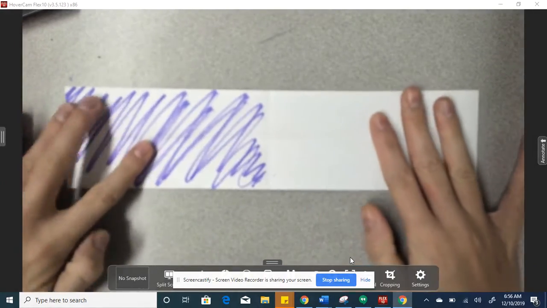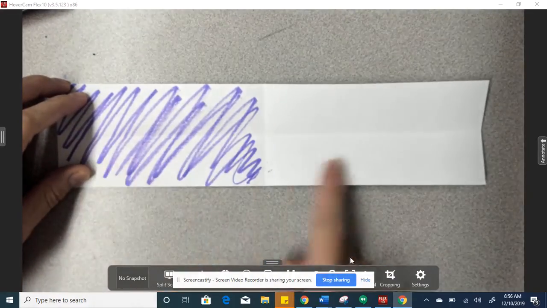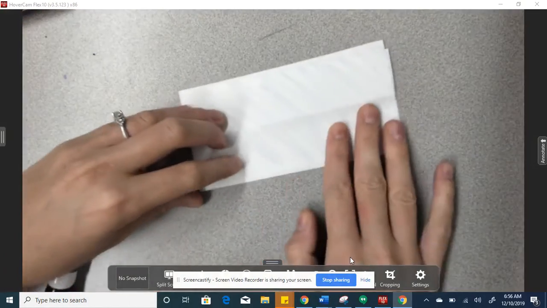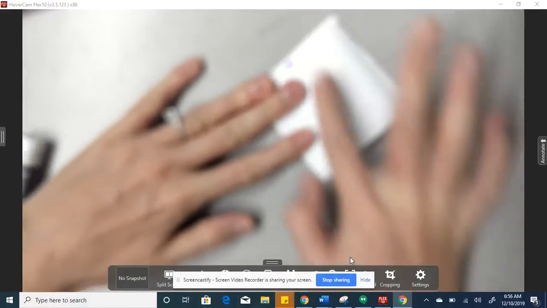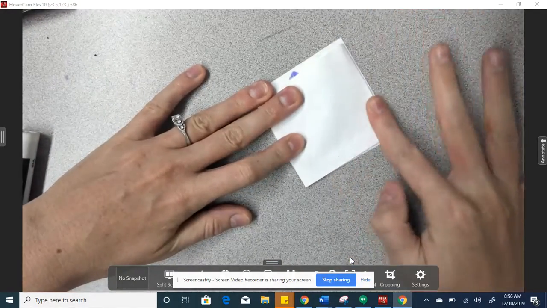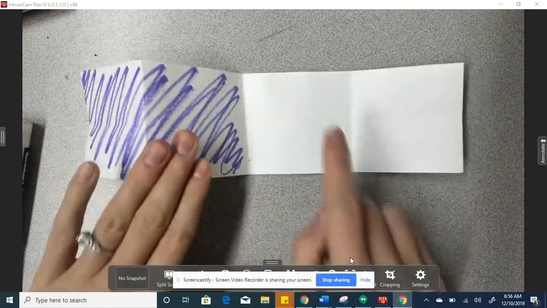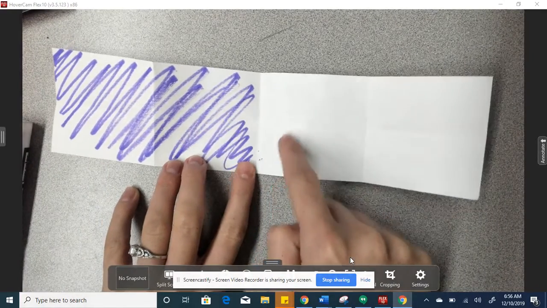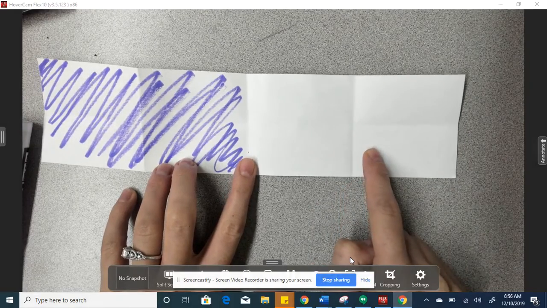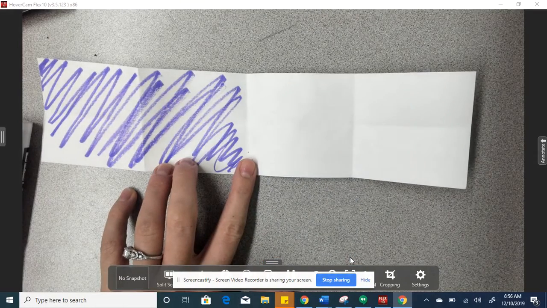So let's go back to our paper. We have our 4 pieces. We can make even smaller pieces and still represent a half. So if we fold it like we had originally, and we fold it again, when we open it up, let's see, half of the paper is still shaded, but now we have 1, 2, 3, 4, 5, 6, 7, 8 pieces total, and we have 1, 2, 3, 4 of those pieces shaded.